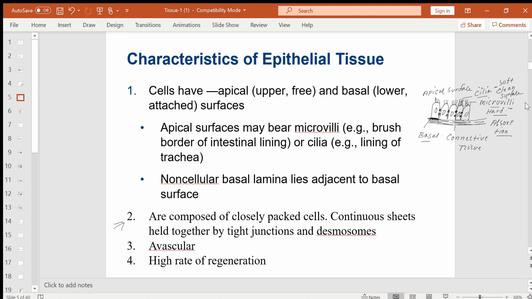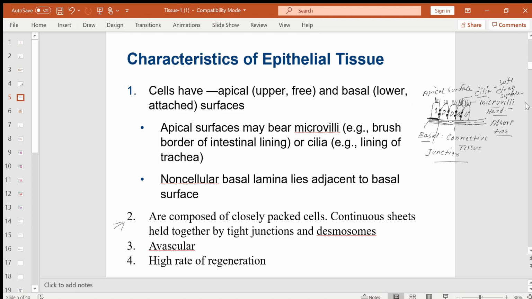Adjacent cell membranes are attached to each other by these protein structures called the intercellular junctions. This is an important property of the epithelial tissue.